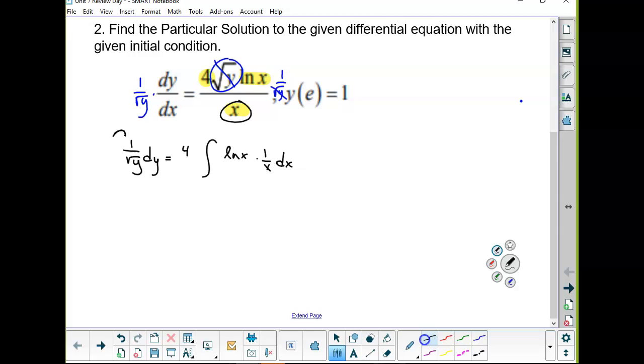All right? So now I'm able to do the antiderivative of each side. However, the left side isn't in the best looking format. And you could have written this as y to the negative 1/2 right away.